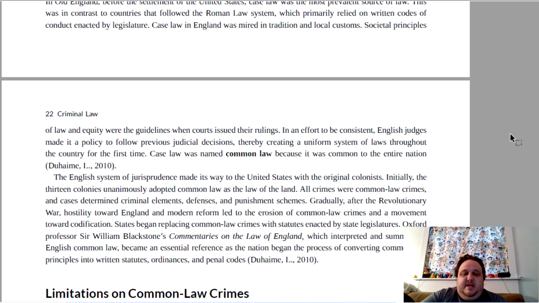We talk about it in Intro to Criminal Justice, but English common law is from the early days of British justice systems, and it was specifically when there were different areas, villages, things of that nature, and they needed rules.